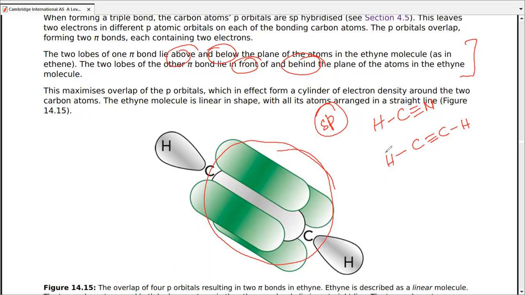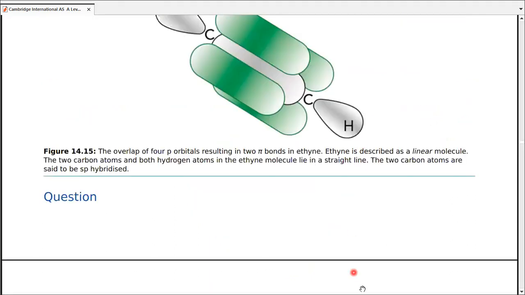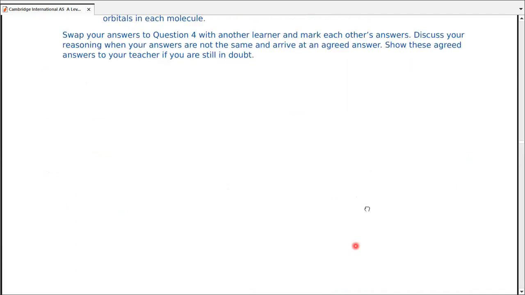Remember, the lesser the repulsion, the greater the stability. So this maximizes the overlap of p orbitals, which in effect form a cylinder of electron density around the two carbon atoms. Ethyne molecule is linear in shape and it is arranged in a straight line. Linear and straight line mean the same thing. I hope this explains this completely.